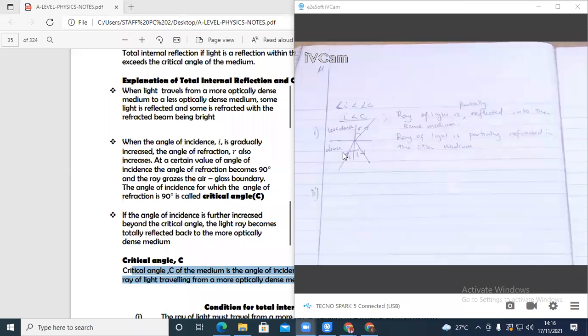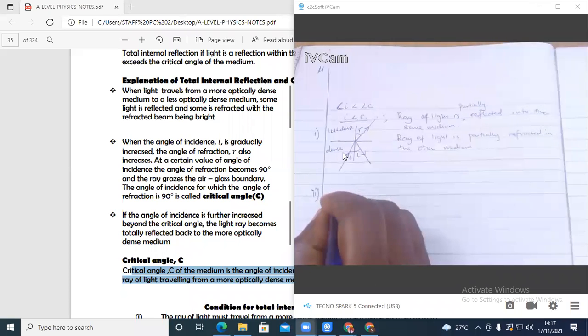So when the angle of incidence is gradually increased, at a certain instant the angle of refraction keeps on increasing and reaches 90 degrees. At that point, the refracted ray grazes the surface of the medium, and the refracted angle is 90 degrees.